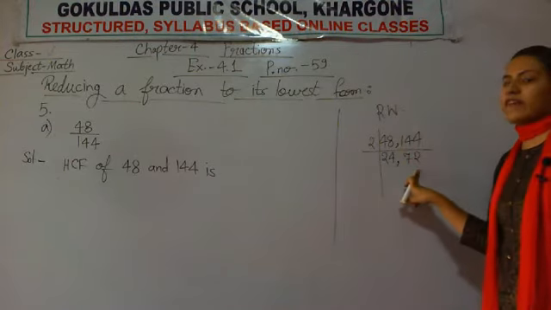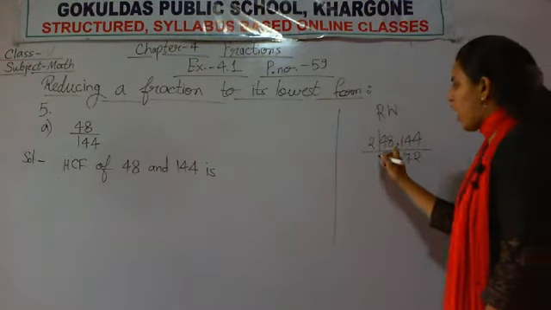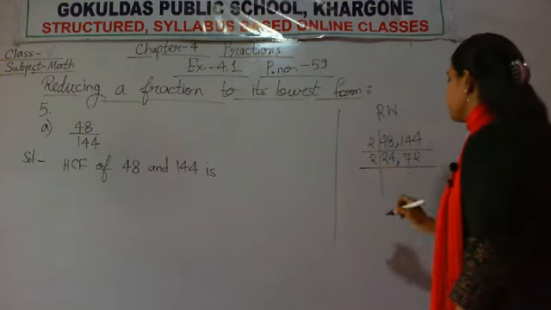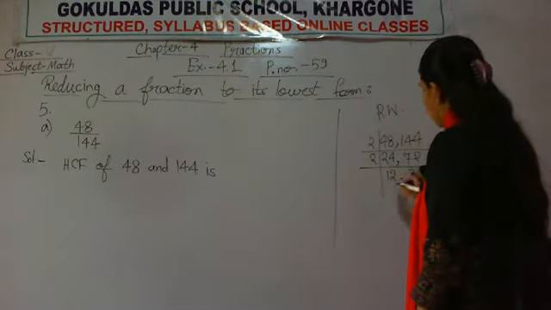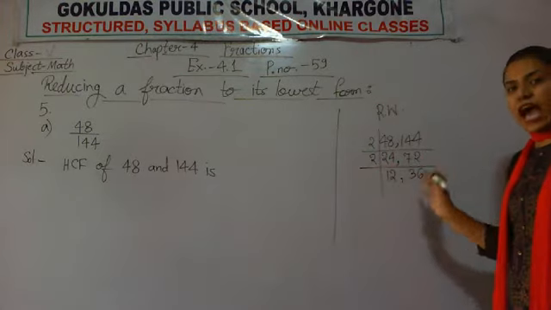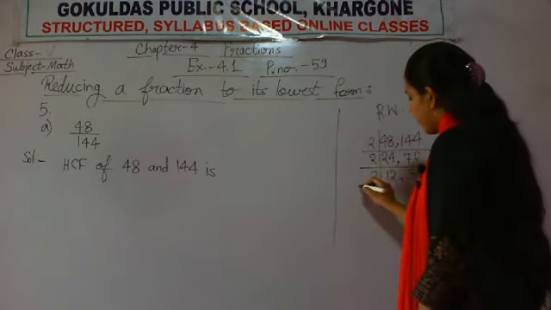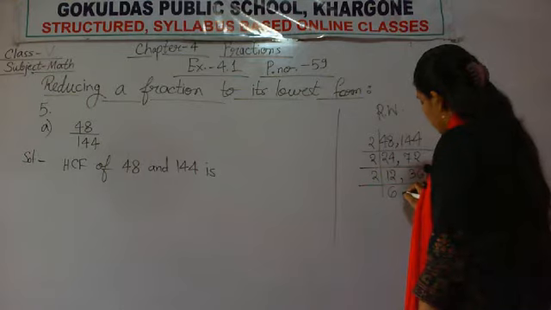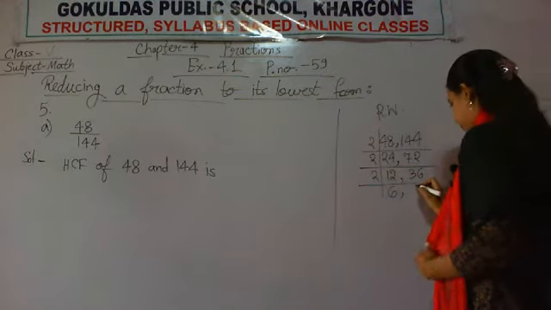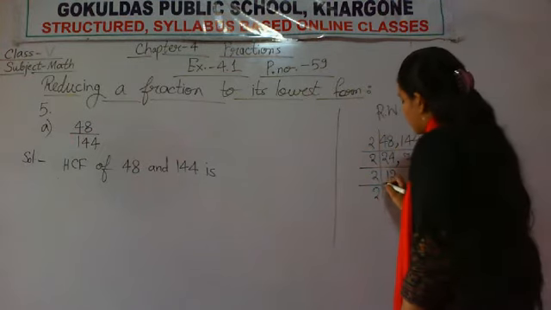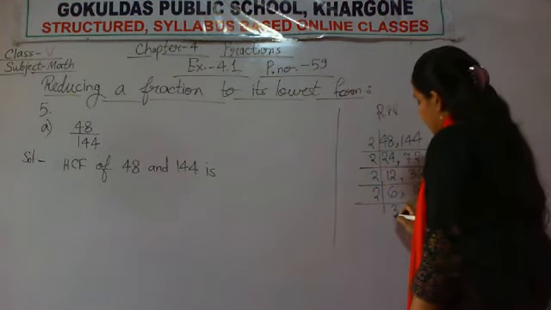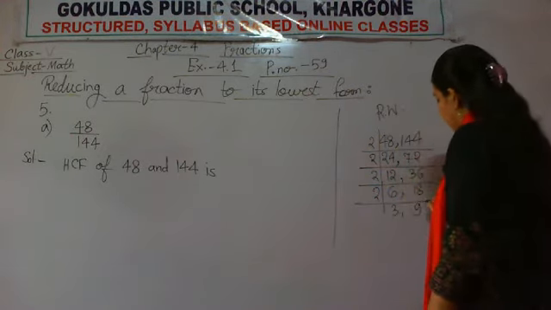Again 24 and 72 both are even numbers, so I can divide by 2. 12 and 36 are even, so divisible by 2. 6 and 18 both are even, so divisible by 2. 2 3s are 6, 2 9s are 18.